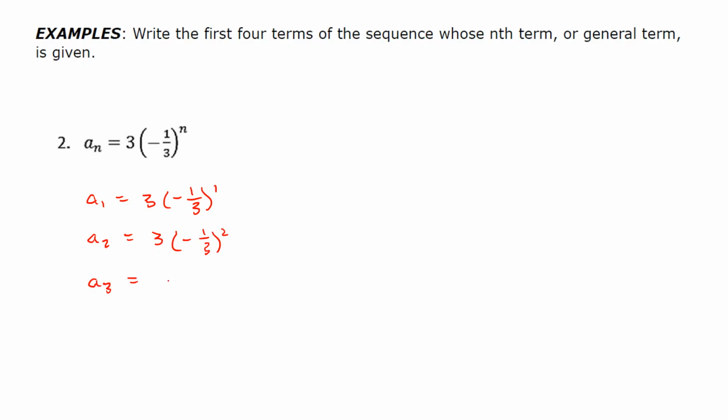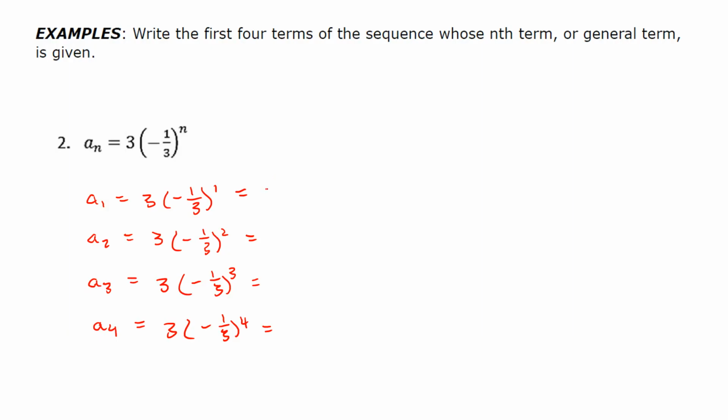The third term, substituting in 3 for n. The fourth term, substituting in 4 for n. And so now we can simplify each of these statements.